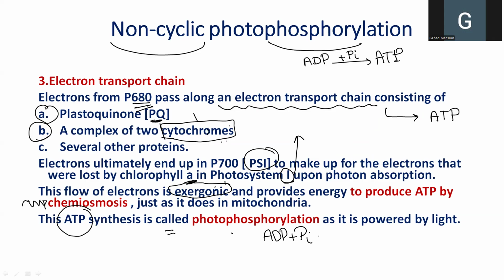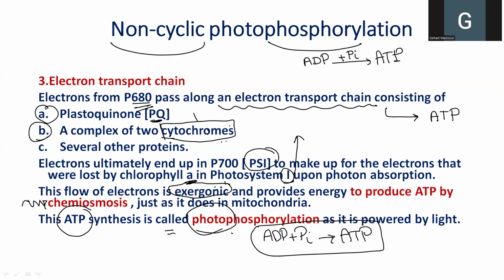We are adding phosphate to ADP to form ATP, and all this was made possible because of exposure to solar energy, and therefore it is a process of photophosphorylation that is triggered by sunlight.